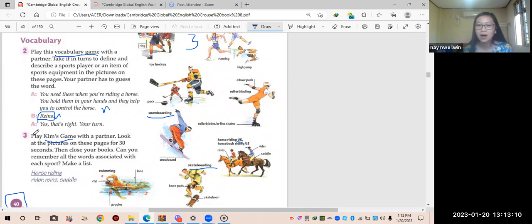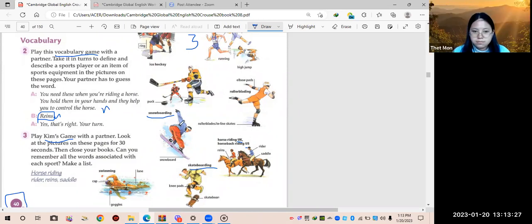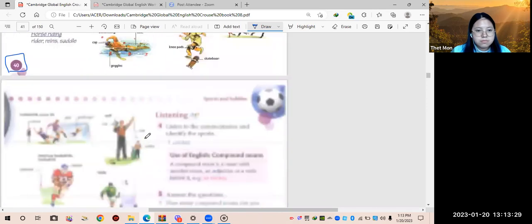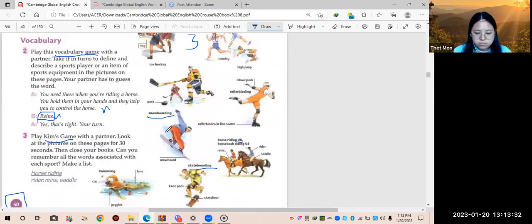Kim's game is kind of like testing your knowledge. How well can you remember the vocabulary that you have learned? So that is the Kim's game. I'll give you only 1 minute for both pages.